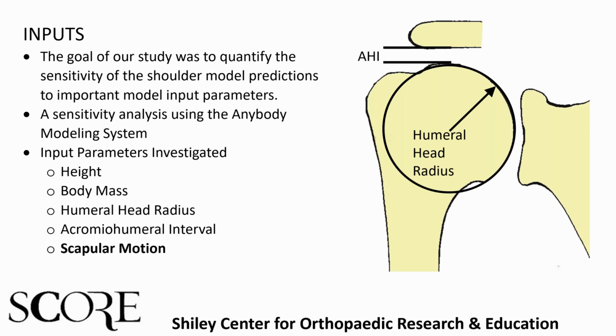Height and mass and even humeral head radius are more intuitively important parameters, and those have been accounted for by previous models very well. But scapular motion is something that clinicians, doctors, orthopedists that deal with shoulder disease are very aware of, and they actually use it as a clinical measure.